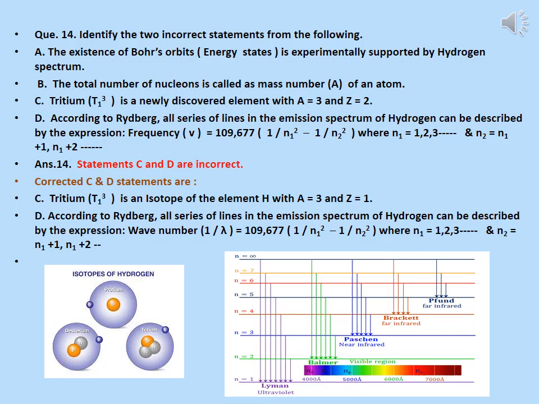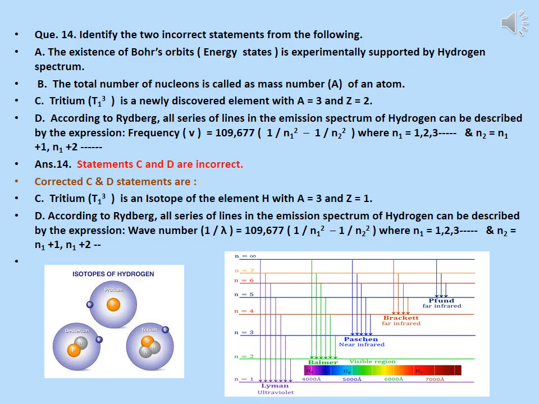I have shown a picture of the emission spectra of hydrogen in various series of spectral lines: Lyman series, Balmer series, Paschen, Brackett and Pfund series of spectral lines.